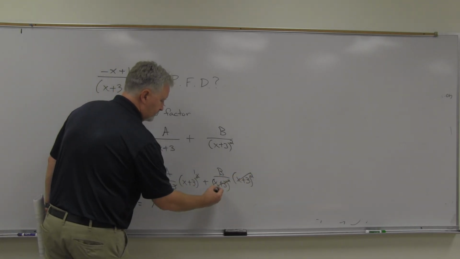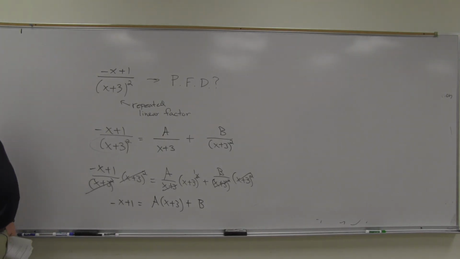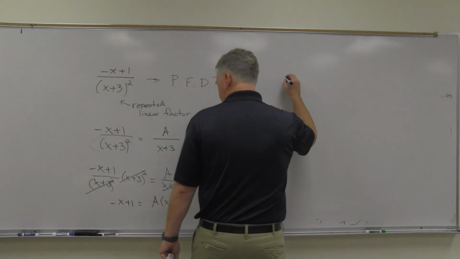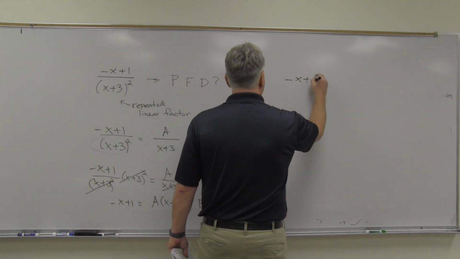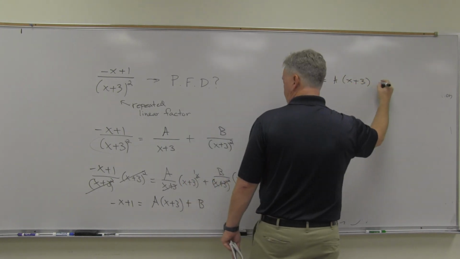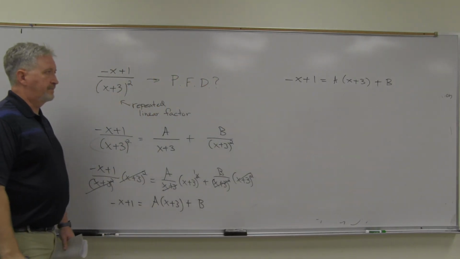And then over here, that really goes nicely. This is going to be B. All right, so let me put it over here. So we've got minus x plus 1 equals A times x plus 3, and then B. So that was our second step.